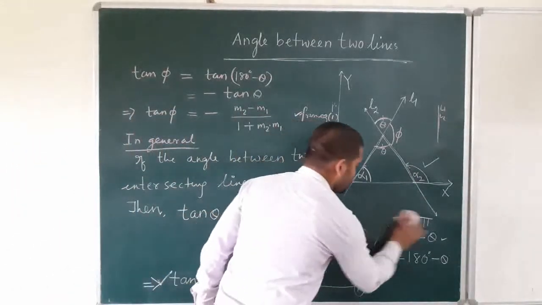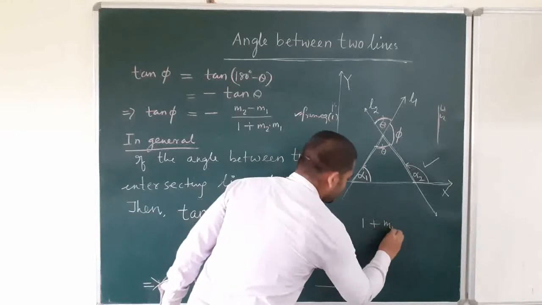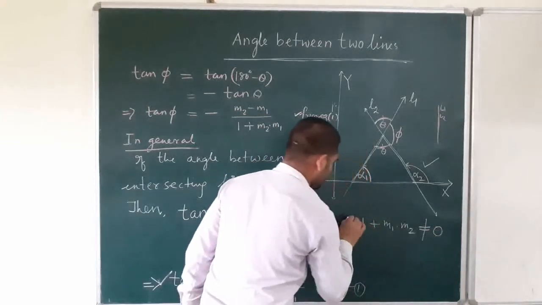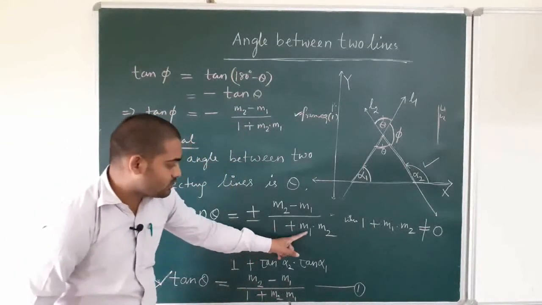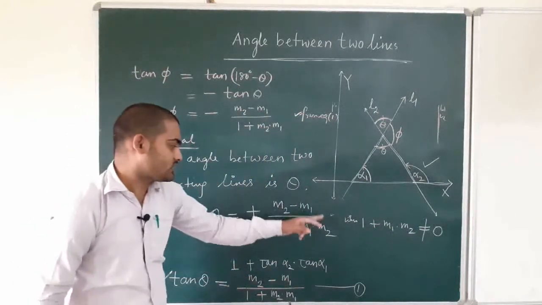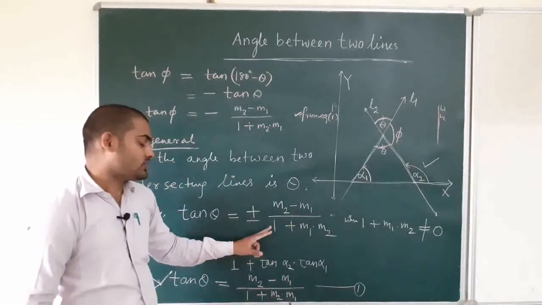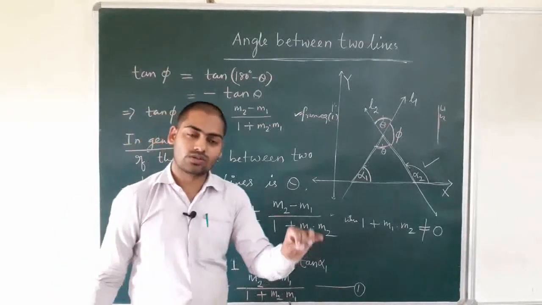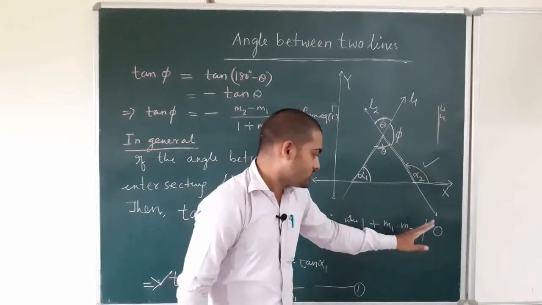But here 1 plus m1 into m2 does not equal 0, whereas if 1 plus m1 into m2 is equal to 0, then this will be undefined, not defined. So 1 plus m1 into m2 is not equal to 0.